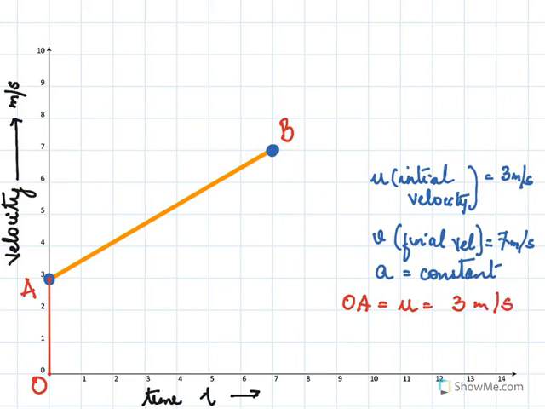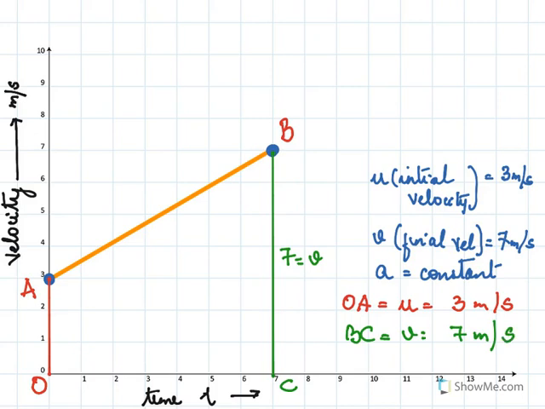And on the other side, we have this segment. We'll call this segment BC, and we see BC is equal to 7, which is the final velocity, V, which is 7 meters per second.